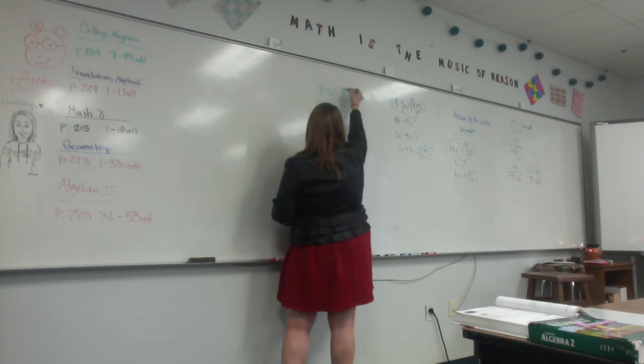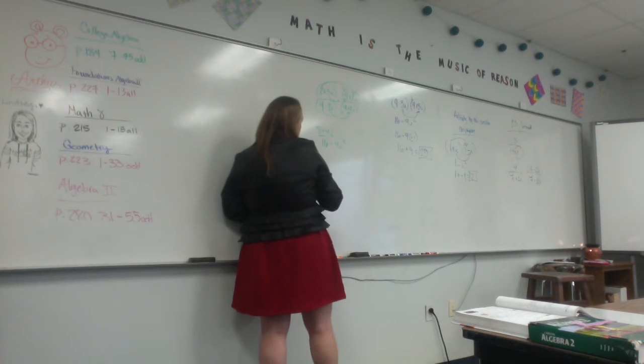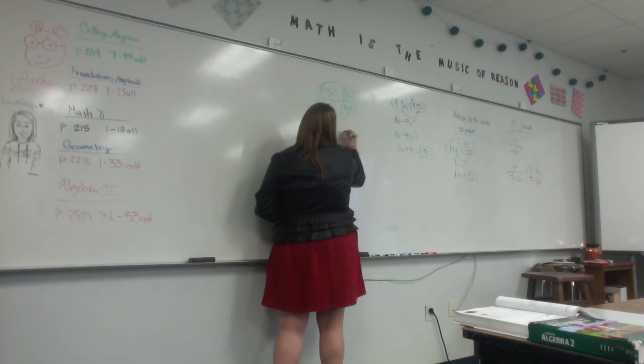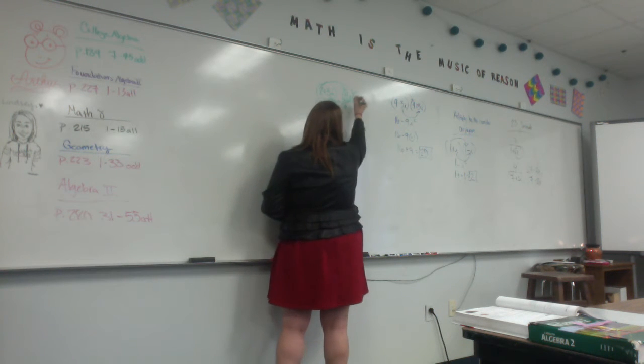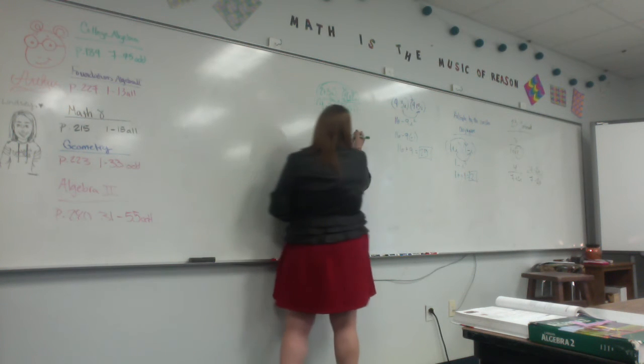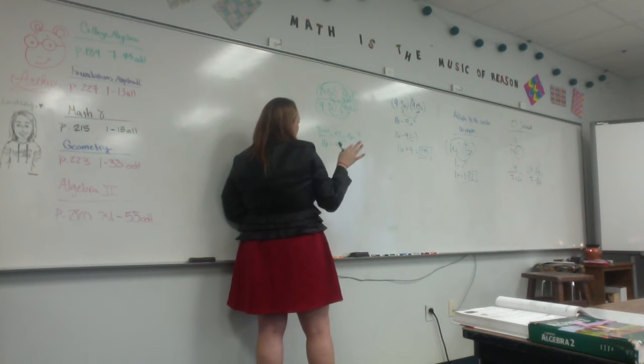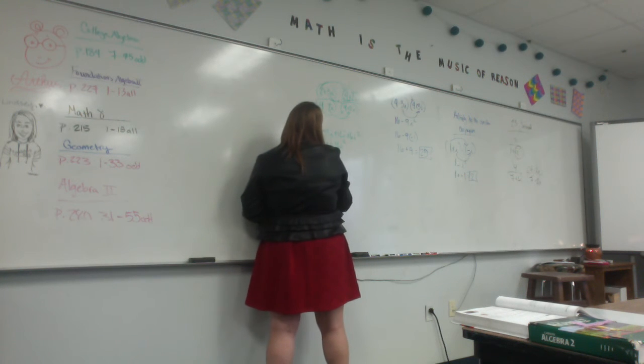2 times 4 is 8. 2 times 2i is 4i, and 3i times 4 is 12i, and then 3i times 2i is 6i squared. Now, I'm going to replace the i squareds with negative 1.